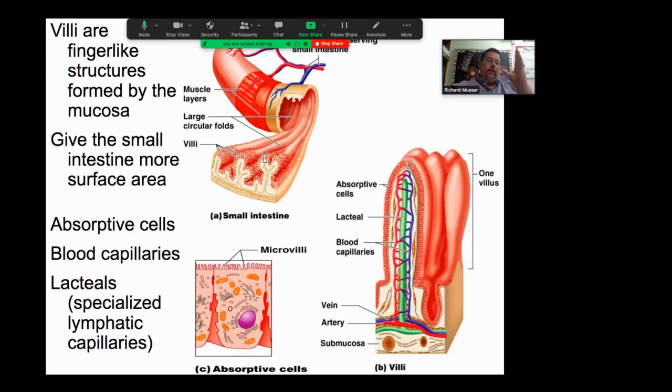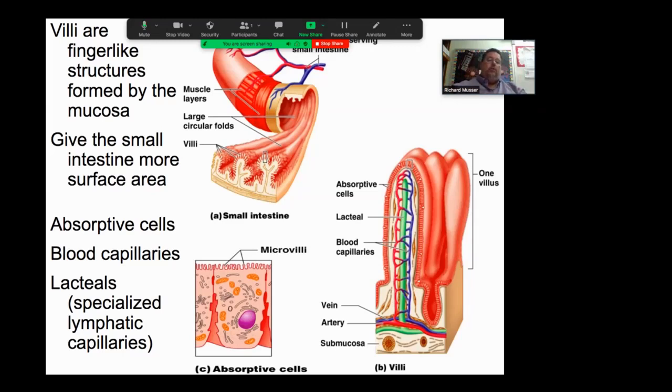So you have villi with finger-like projections, and then you have cells lining it with smaller finger-like projections where the nutrients are actually absorbed. Some of those nutrients will begin to be absorbed in the manners I've described through active transport or endocytosis or so forth.